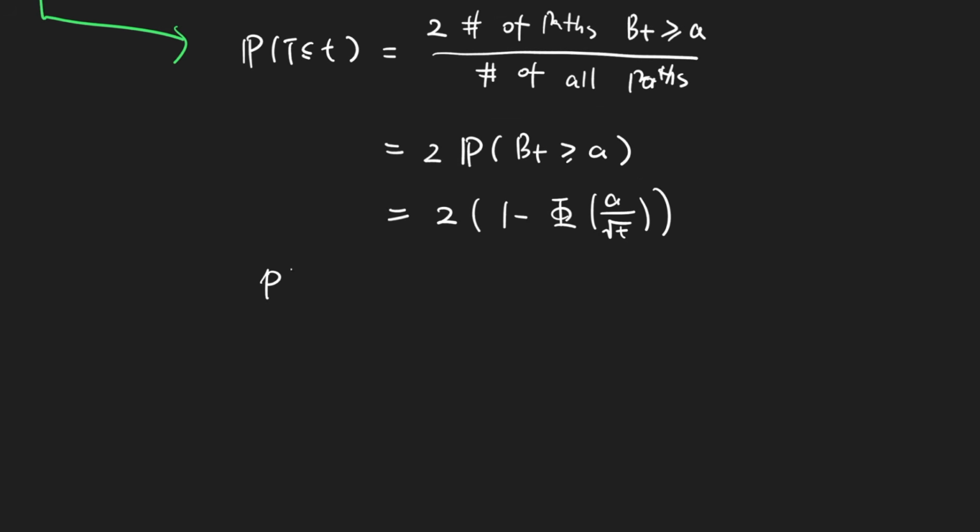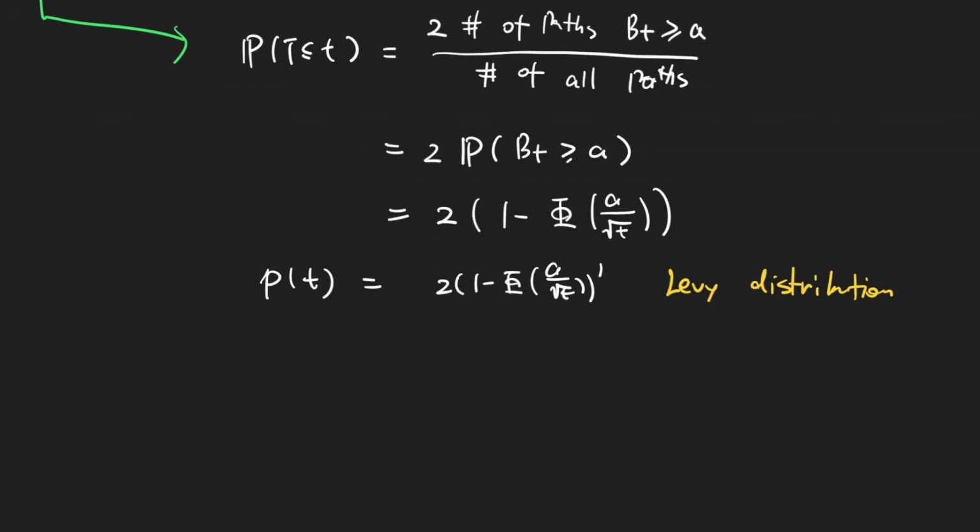Then for the probability density function, the PDF, we can just find the derivative of this function. So I'm not going to do that in here, but this actually has a closed form. And the solution is called a Lévy distribution.